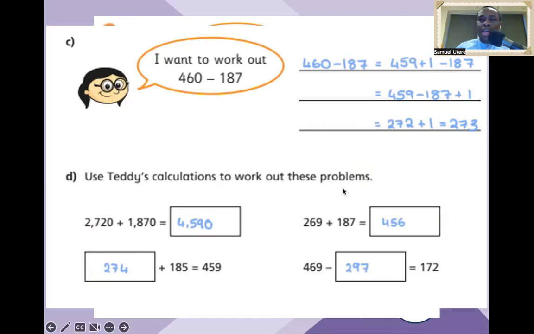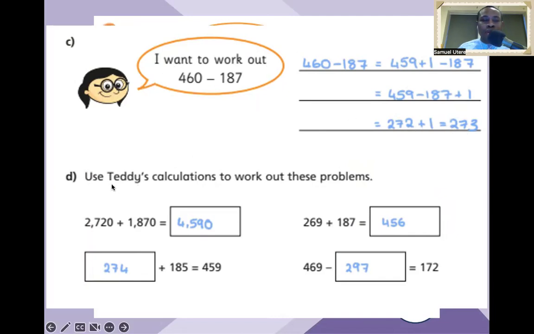Well, you can see the calculation here, that this could be written as 459 add 1 minus 187, and then 459 minus 187 add 1. This is a different way to write it. And we know that 272 add 1 is equal to 273, and that should be our answer.